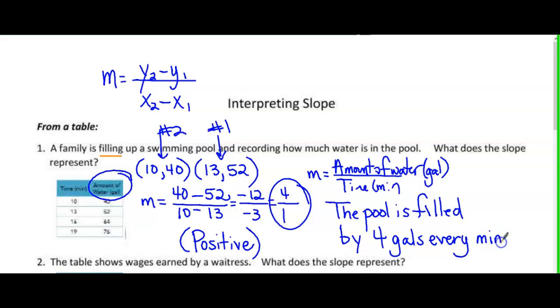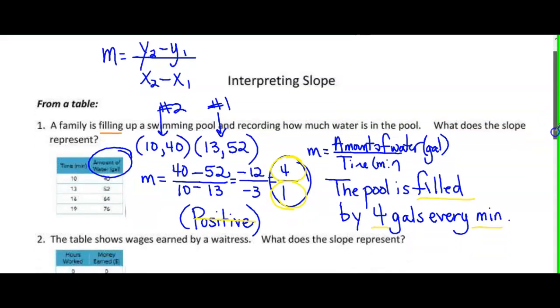If you want to write 1 minute, you can. But here's the things I'm going to be looking for. Did you use a word that was positive, like filled? Did you use the 4? And did you use the 1 every minute? The pool is filled by 4 gallons every minute. Or you could say the pool is increasing by 4 gallons every minute.